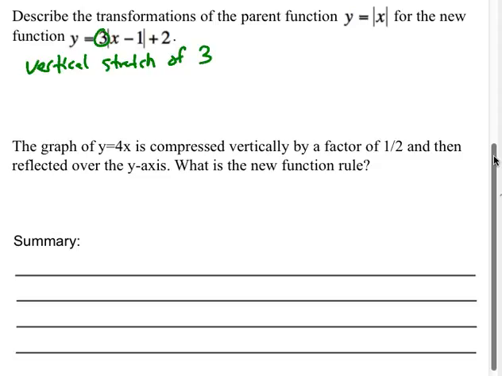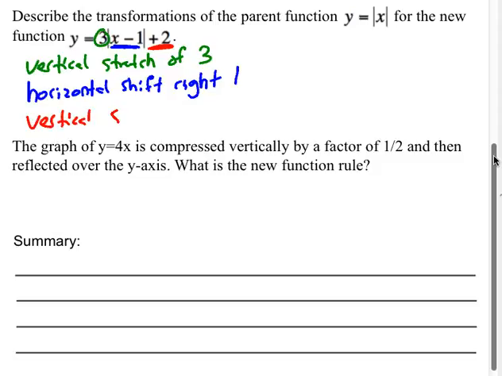Whatever is with my x is horizontal, my horizontal shift, and again, it's opposite of what you'd expect. Because you see a negative in there, that means it's to the right. This +2 at the very end is your vertical shift, and that acts just like you would expect it to.